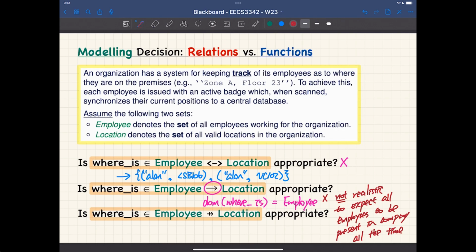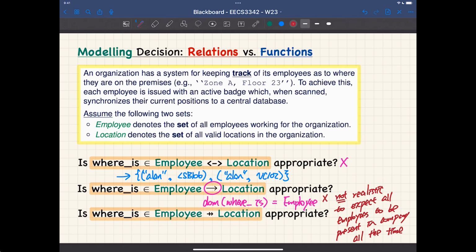It's important to see why the other two alternatives are not valid. And this one will be just valid. This one is just saying that some employees might be in the company, in which case we can locate them. For employees who are not really in the company, we cannot keep track of them.